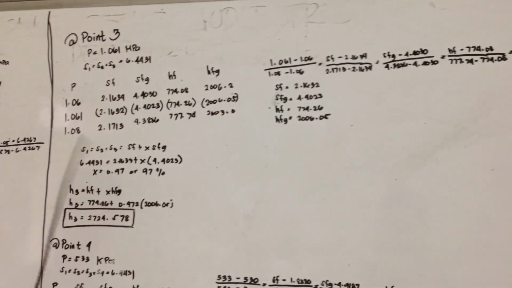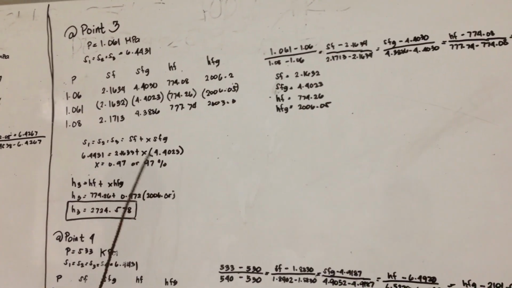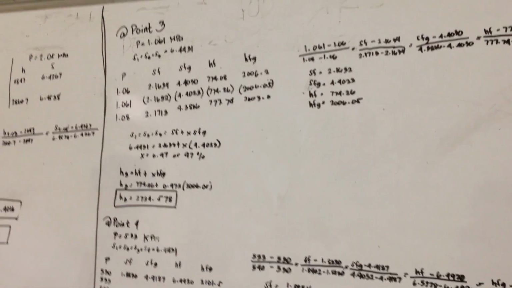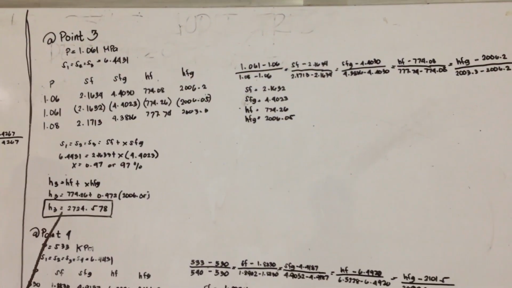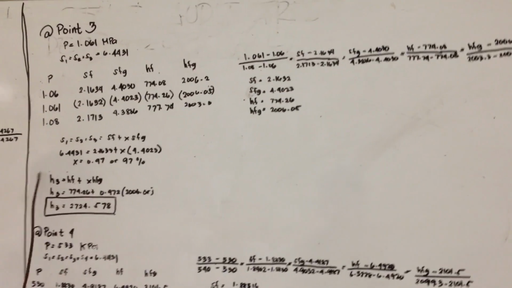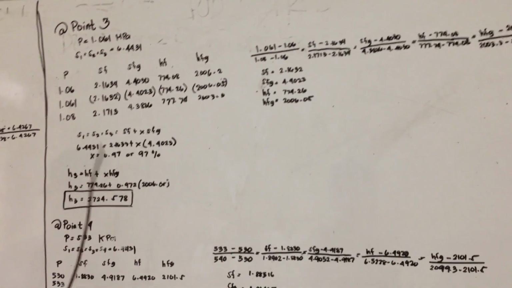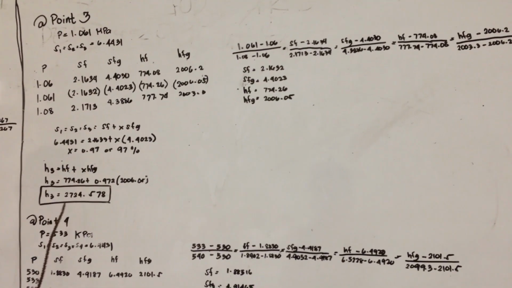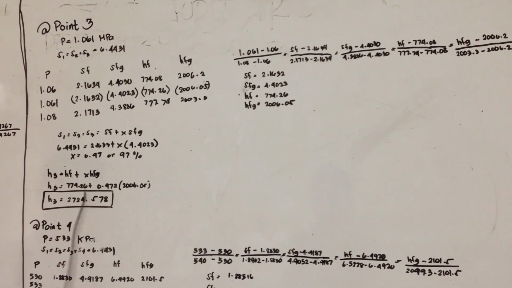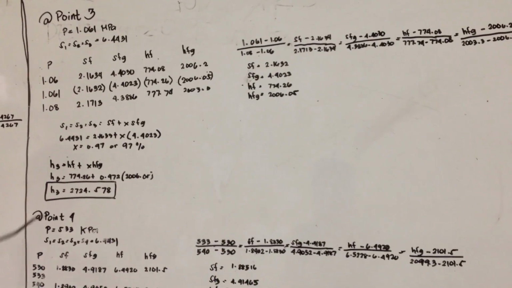So we can get 0.97 or 97%. Again, to get H3, using this formula, H3 is equal to HF plus X times HFG. The result will be 24.578. This is the H3.